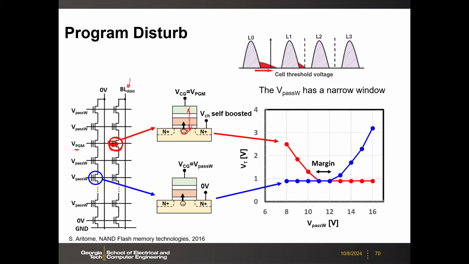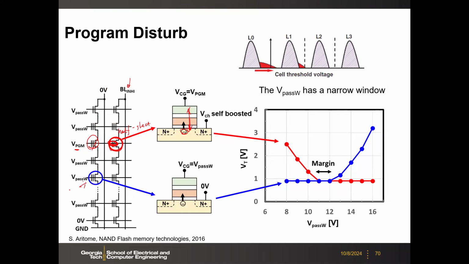So this, of course, will be under disturb, right? This is the cell we are going to program, okay? And this is the half select. Cells that share the same word line and also share the same bit line will have some half select.